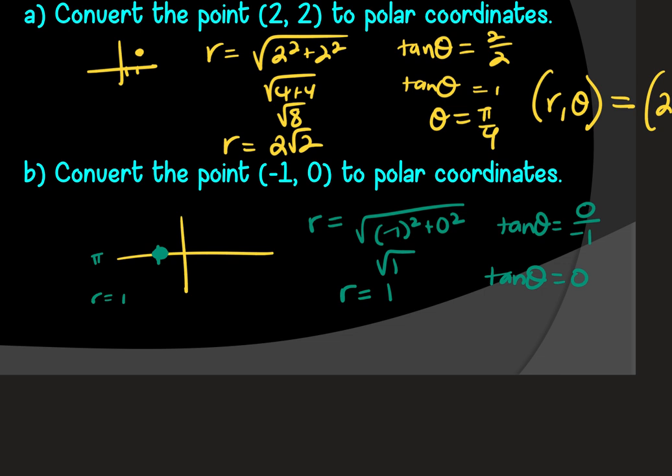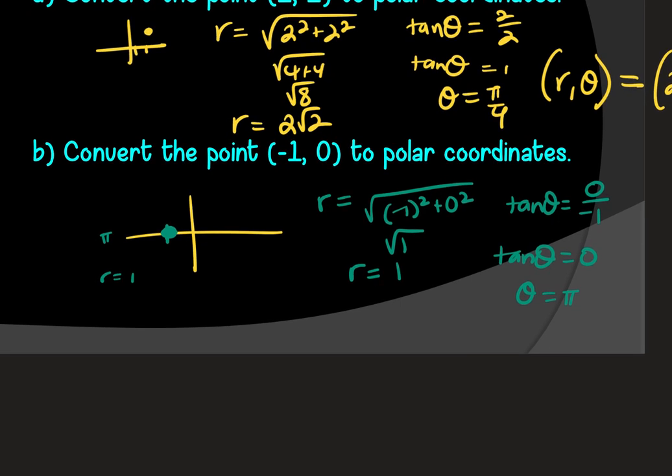So what angle on the left-hand side of your graph has a tangent that's 0? Pi. So any quadrant angle, you actually don't have to do the work if you understand what you're doing. Obviously, if you don't understand it, then you have to go through the steps.